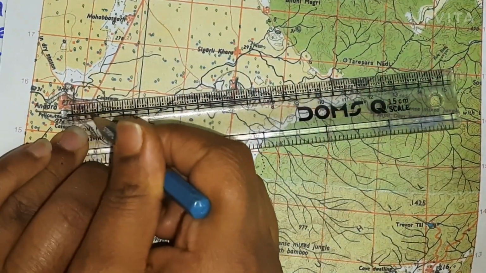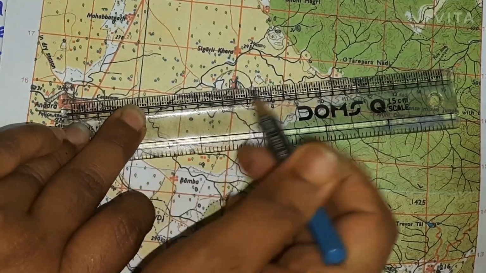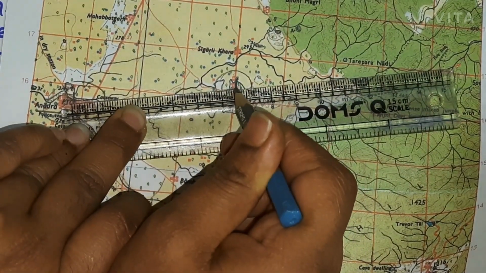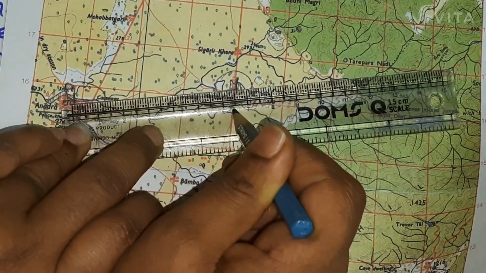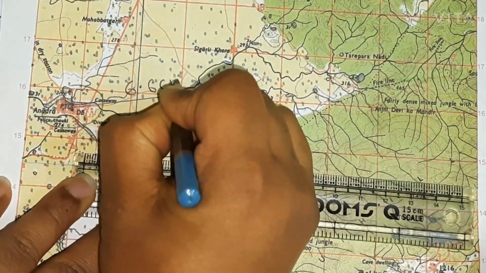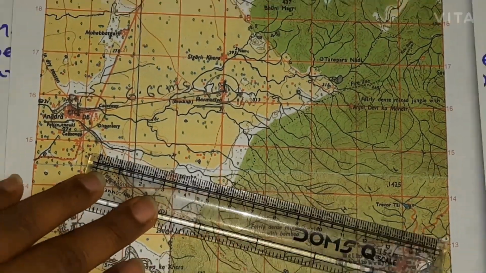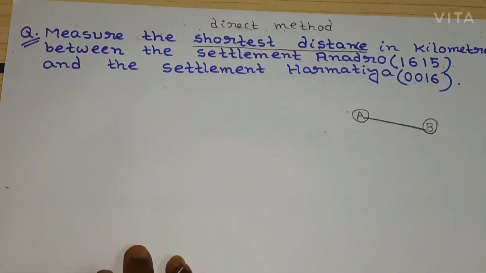Okay, so 1 2 3 4 5 6. Then here 5, so 6.6 centimeters we are getting on this map, right? Okay, now we'll do the calculation.